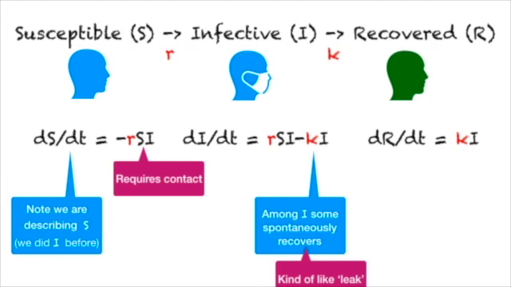But then some of the infective will spontaneously recover and decrease. So it will be proportional to the amount of infective, and it is just multiplied by some kind of rate of transition from I to R. So that's K. So you can write the whole thing as RSI minus KI.